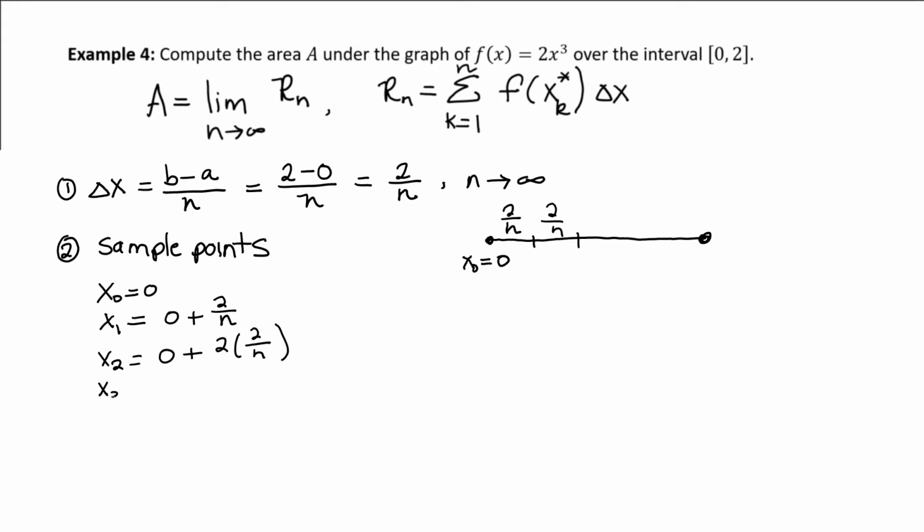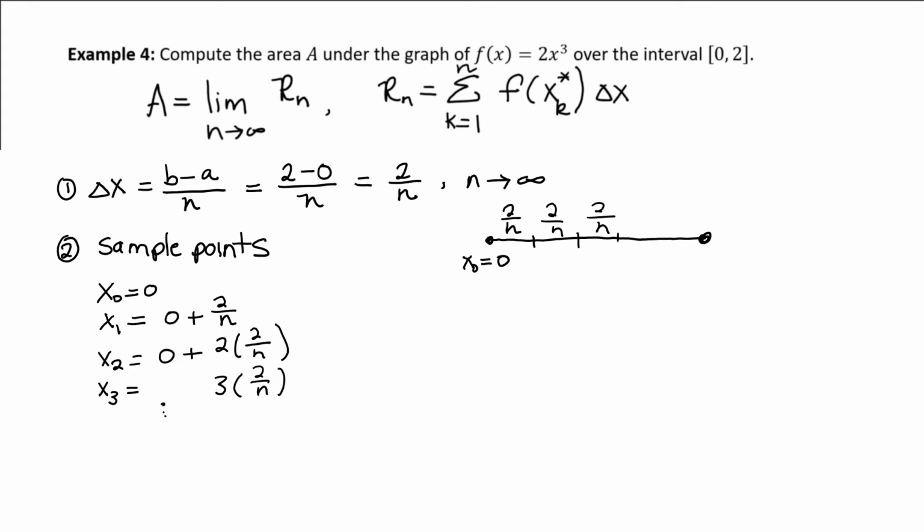Let's do one more for good measure. For x sub 3, I'm not going to bother to write the 0 because it doesn't affect anything. Even so, we move over 3 units of the width 2 over n.